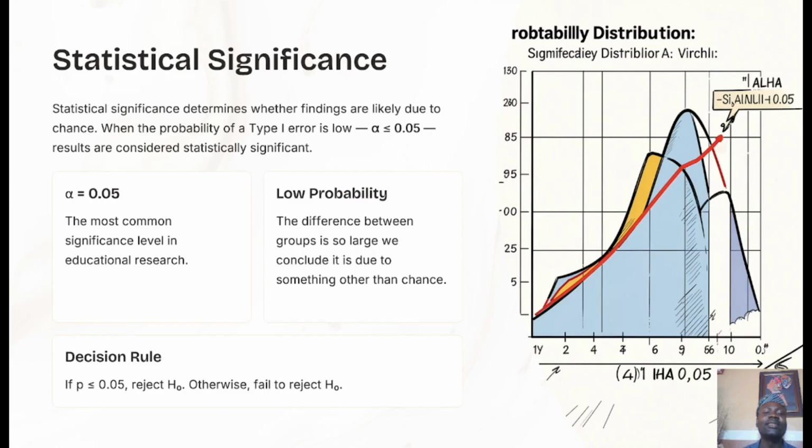Let's say our null hypothesis is that there is no significant difference in male and female scores. When we check the p-value on our table and that p-value is 0.05, we reject the null hypothesis. If it's less than 0.05, we reject it. But if it is greater than 0.05, we know that there is no difference. So in order not to fall into type 1 error, we reject it this way.